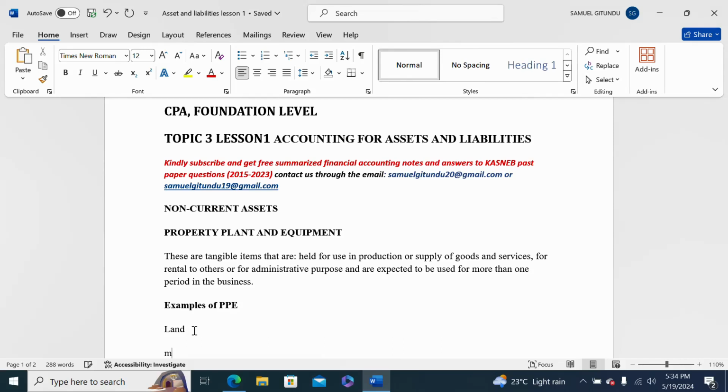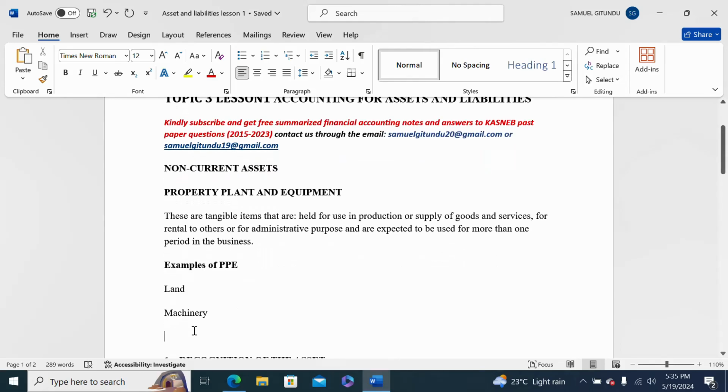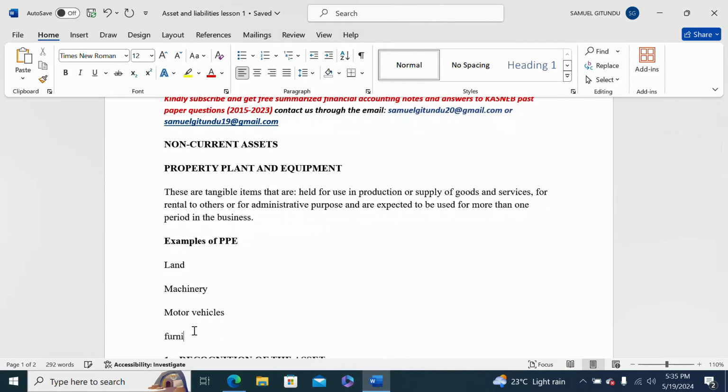Another example is machinery. Machinery are used in the production of goods in the business. So machinery is another example of property, plant, and equipment. You can have motor vehicles. Then you can have furniture and fittings in the business.